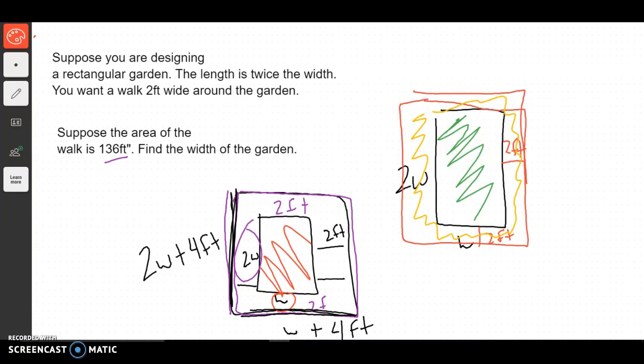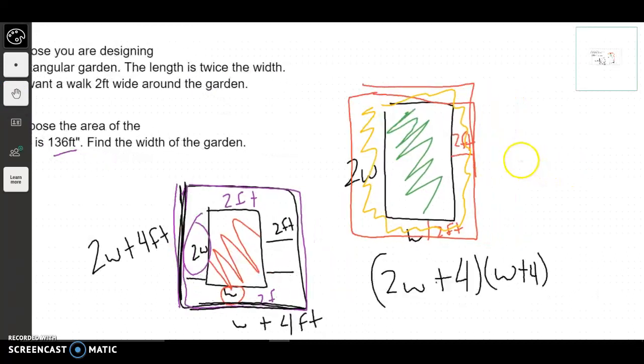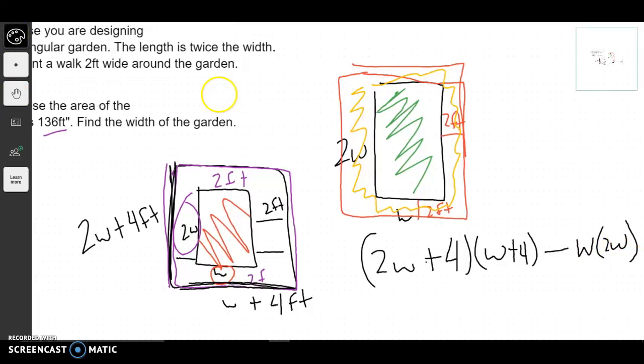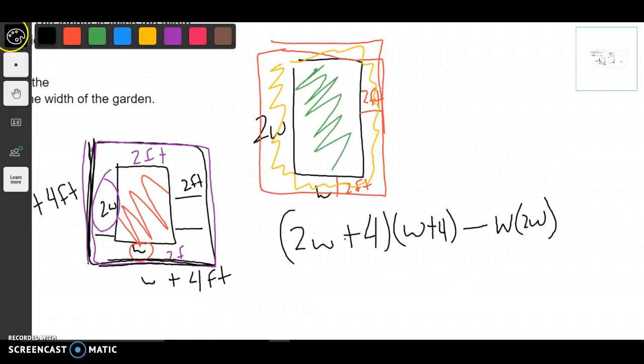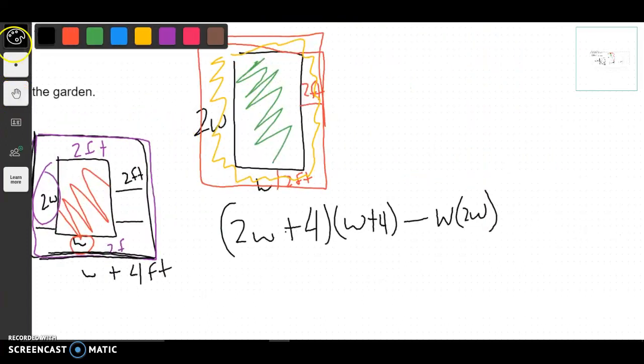So we're going to do the exact same setup we did before. So if we do 2w plus 4 times w plus 4, and then we subtract the inside portion, which would be w and 2w, what we can do is we know that that's going to equal our entire inside portion from over there, which is 136 feet.